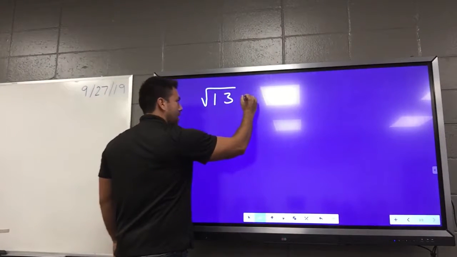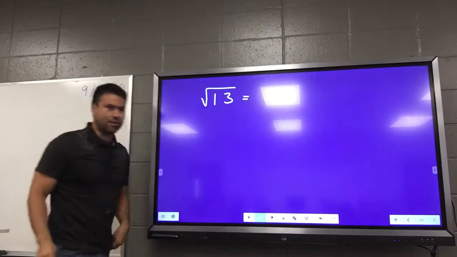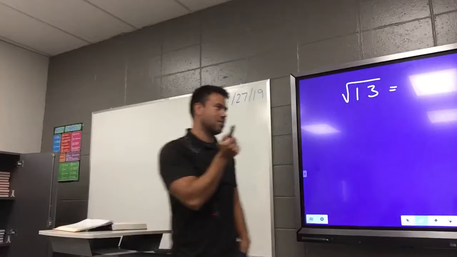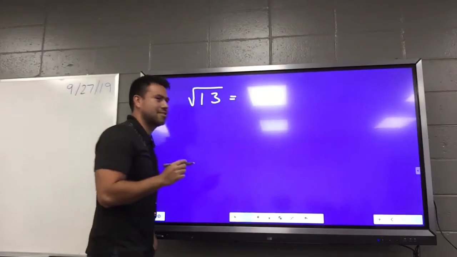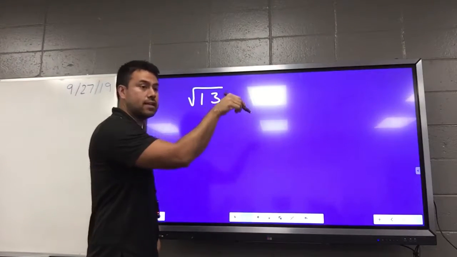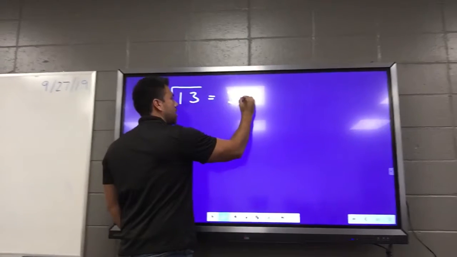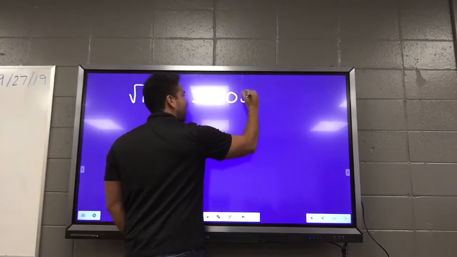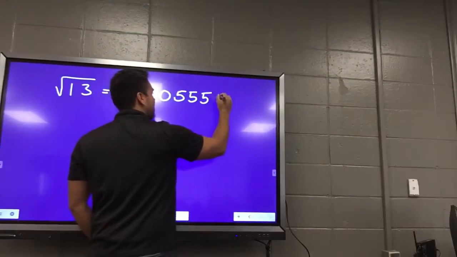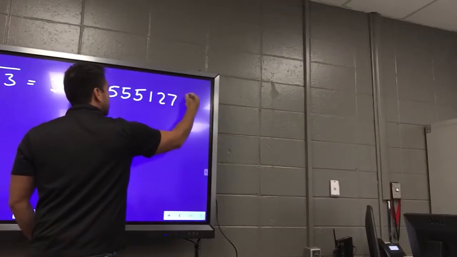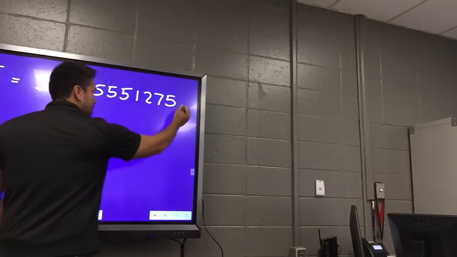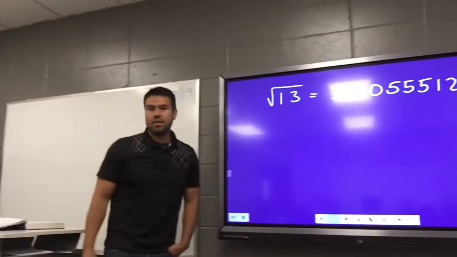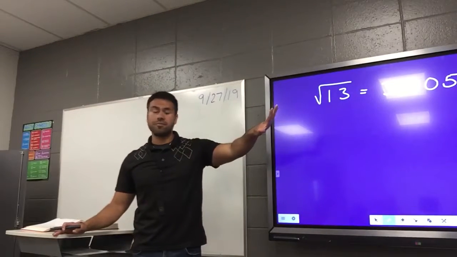I'm going to put an equal sign here. The square root of 13, Ethan, can you please give it to me? And say it slowly because I'm going to write it down. 3.60555 1275. I'm going to put these little ellipses. What do ellipses mean again? It keeps going on forever.